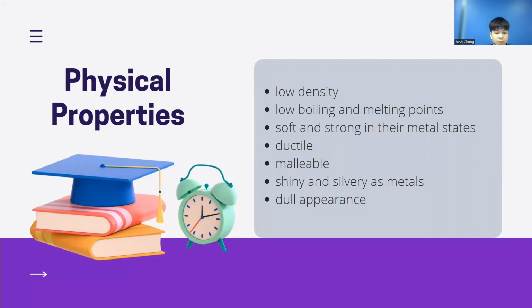They are ductile, which is the ability of a material to be drawn or plastically deformed without fracture, and malleable, which is a metal's ability to be distorted under compression. The group 2 elements are also shiny and silvery as metals, and they have a dull appearance.